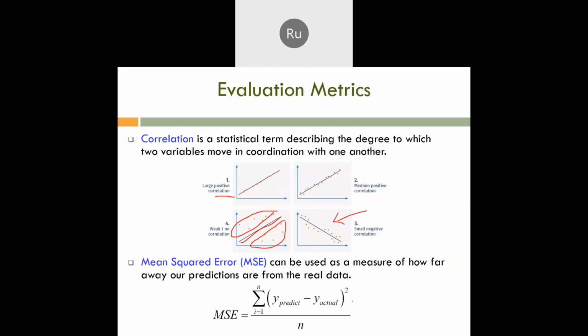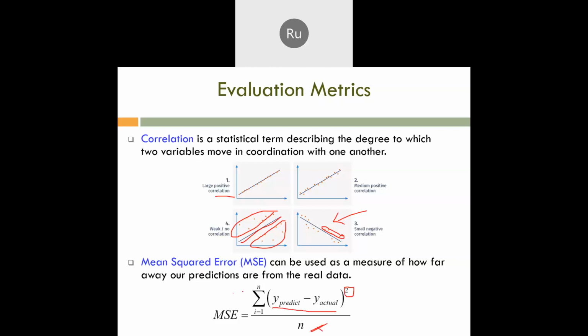We also use the mean square error to measure the differences between the actual value and the value we get from the line. For the mean square error, we find the differences between the predicted value and the actual value, and then we square them in order to erase the negative sign, sum them up and take the average.